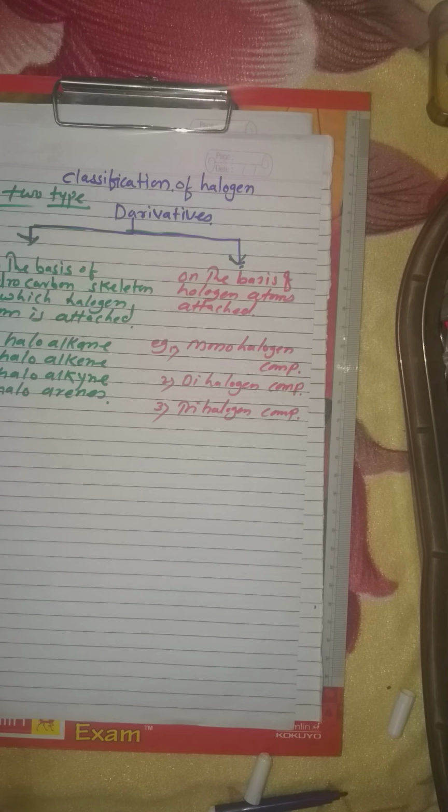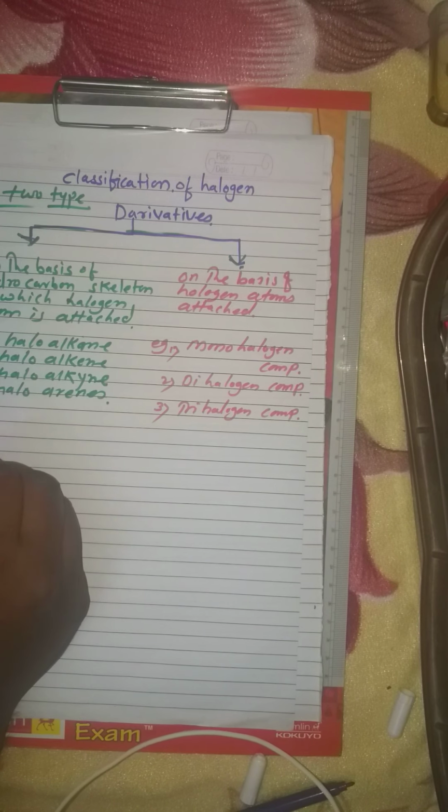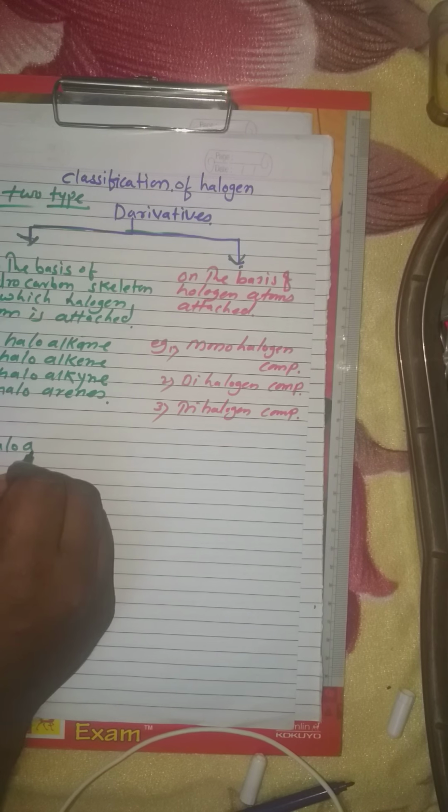Now examples we'll see of each one of the classified halogen derivatives. Now first example we'll discuss just like haloalkane.